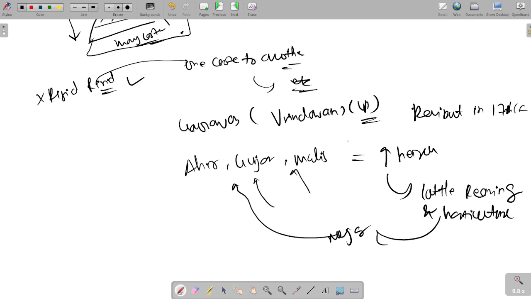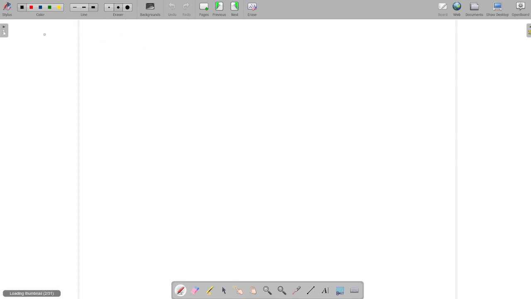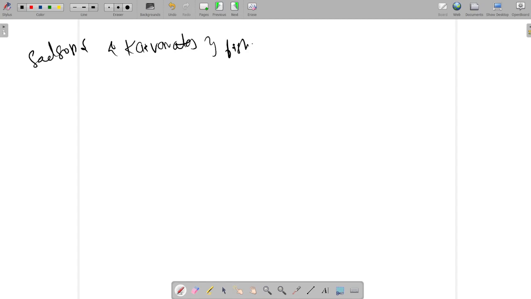Similarly, in eastern India, the caste communities of Sadgops and Kaivartras, who were fishing communities, acquired peasant status.